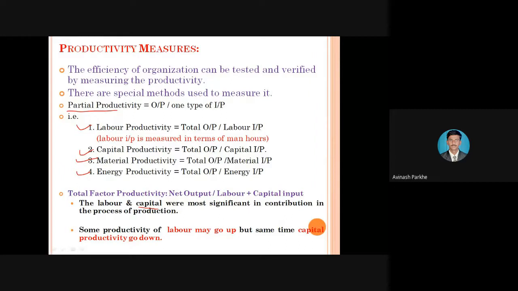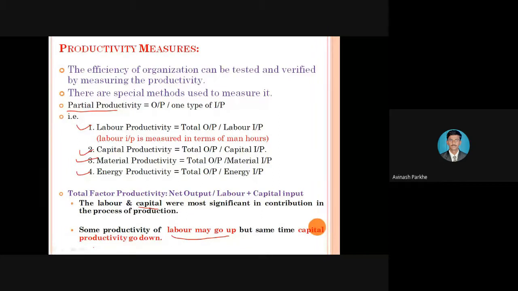And sometimes labor productivity may go up, but capital productivity goes down. Labor productivity going up means labor cost sometimes increases, while capital productivity keeps decreasing. If I want to increase labor productivity, I have to provide skilled operators.